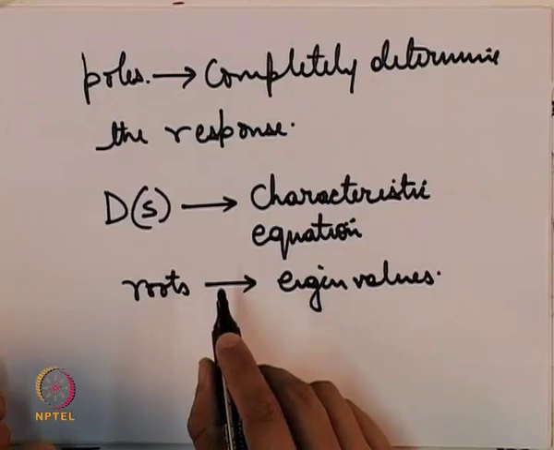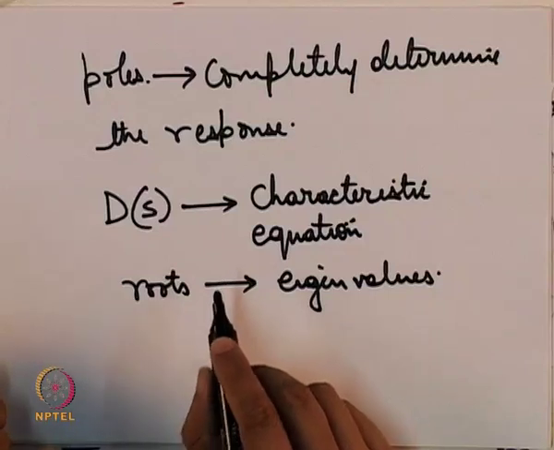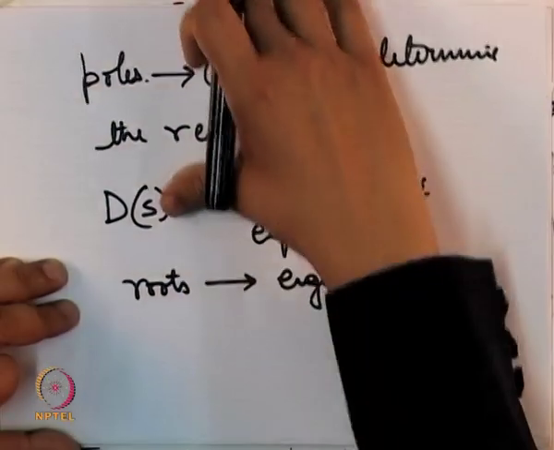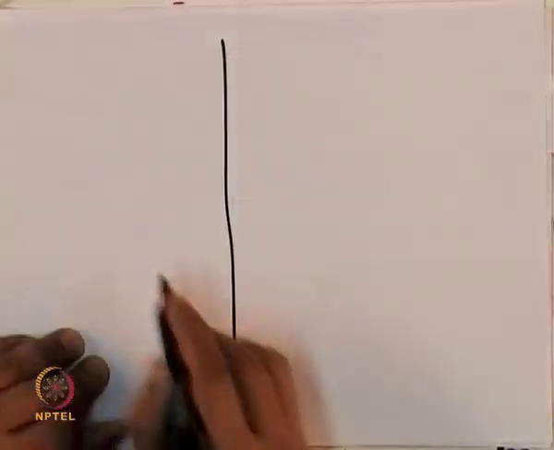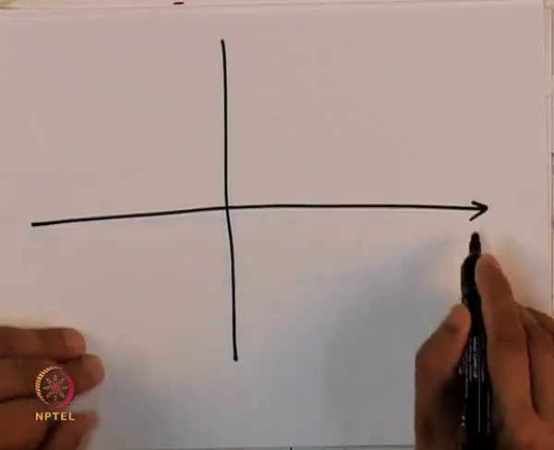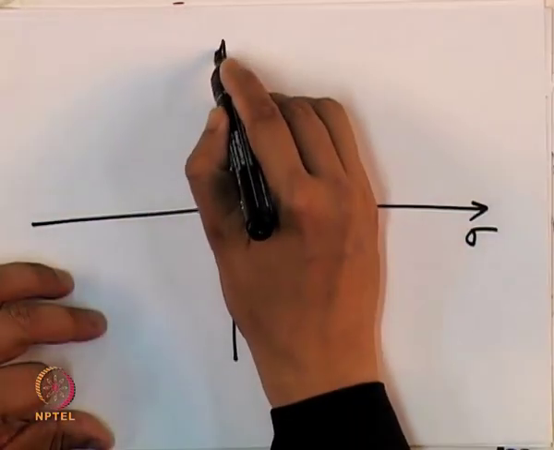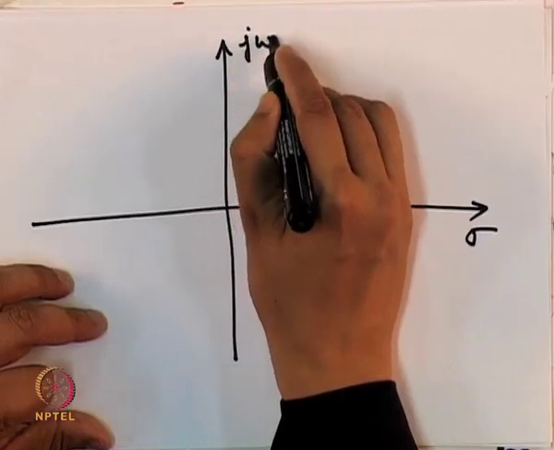So depending on what the values of the poles are, you will get various kinds of responses. For example, if we plot on the complex S plane, suppose our complex S plane is like this. Okay.